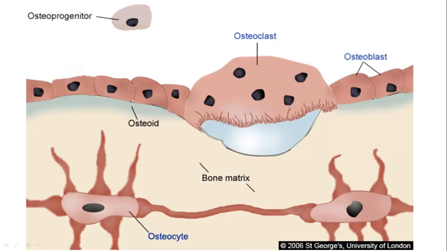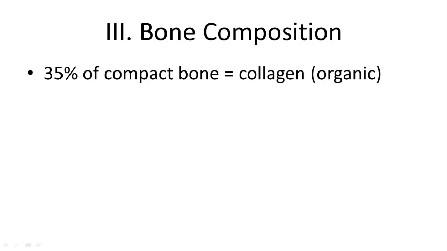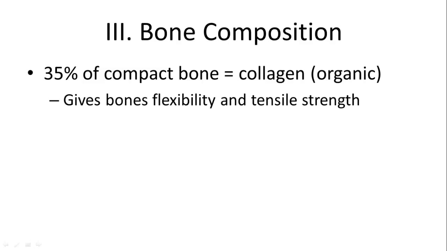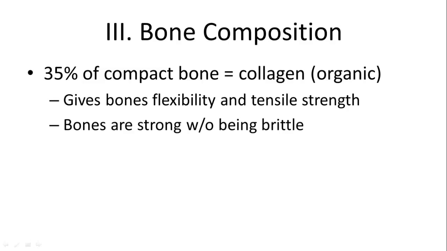All right, bone is made up of, like we said, a matrix made of collagen. 35% of it is collagen, and that gives bones flexibility and tensile strength, or the ability to withstand bending or stretching. Bones are very strong without being brittle, but they don't have that combination unless they have the calcium and phosphorus and other minerals embedded within them.